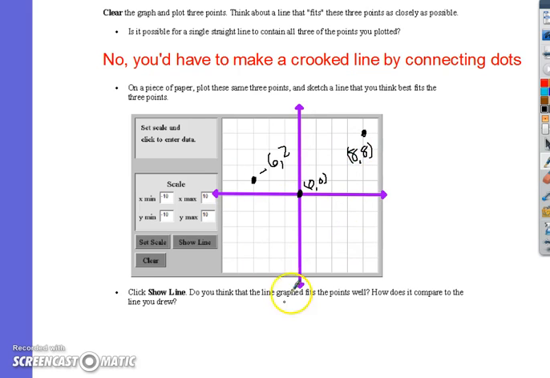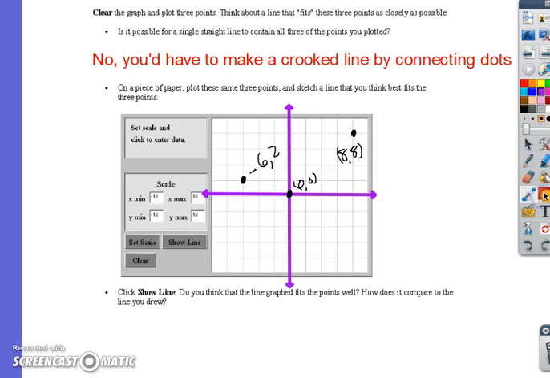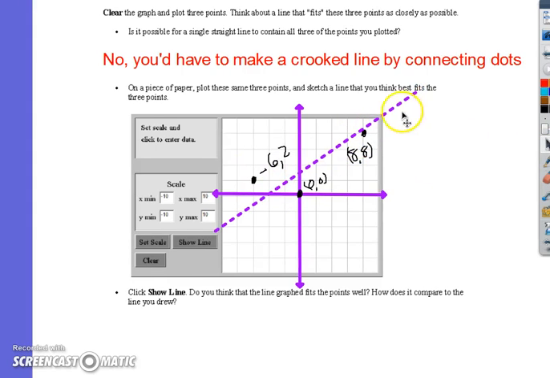All right, so what if we plotted those 3 points? Now, obviously, you can't get through all those 3 points, so let's sketch a single line that goes as close to those 3 points as we can. So it may be like this. I'm not going to be able to connect the dots, but there's one above, one below, and then one right on top. So that's as close as I'm going to be able to get.